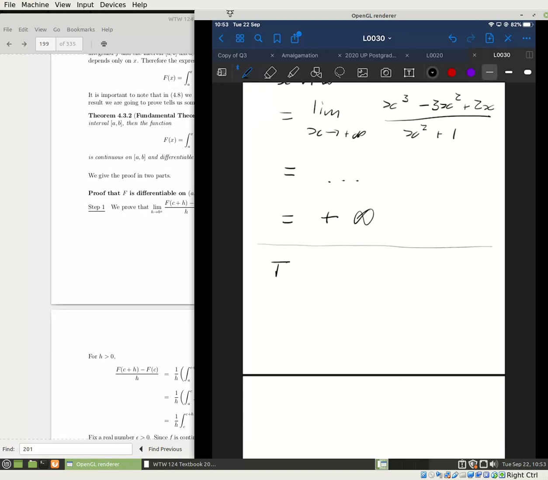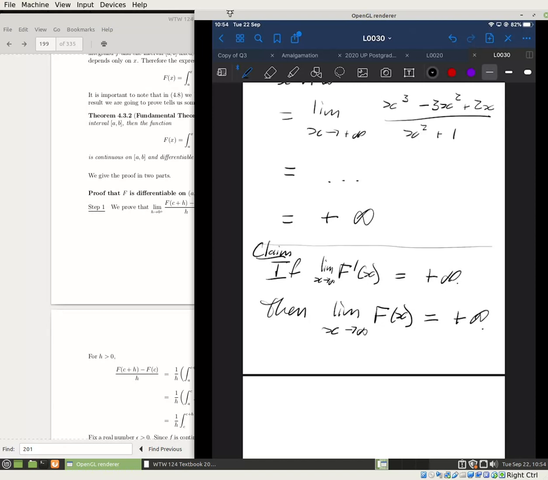So I'm going to make the claim: if the limit as x goes to infinity of the derivative of f is plus infinity, then the limit as x goes to plus infinity of f itself is also equal to plus infinity. So I will not discuss this now, but I will include a video discussing why this is true.